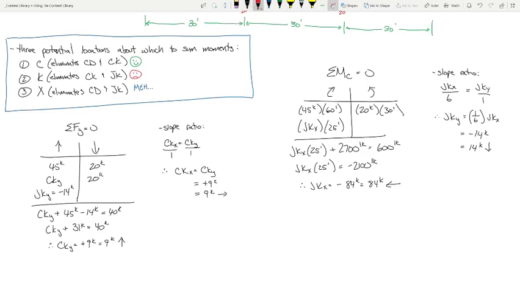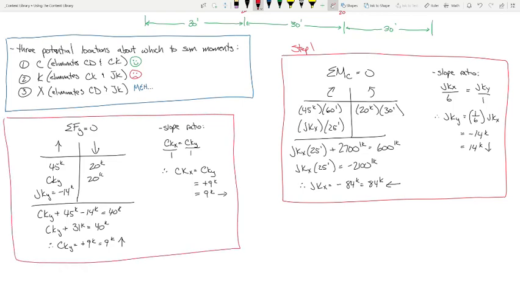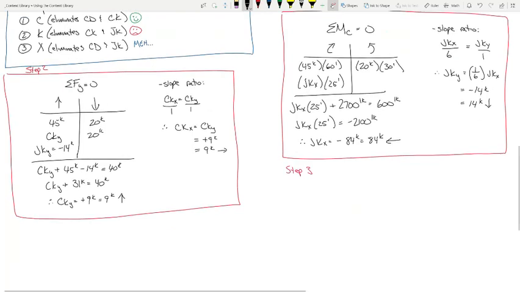Okay. So what we'll do is since I'm sort of doing this all over the place, we'll say step 1. We'll call this step 2. And then step 3, what's left? All right. And if we sum forces in the x direction, what do we got?